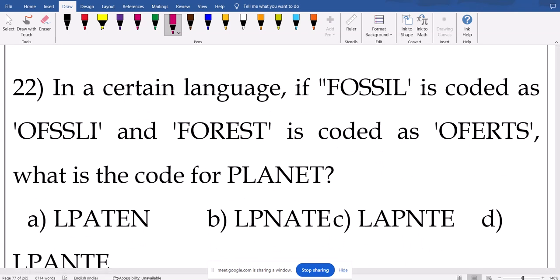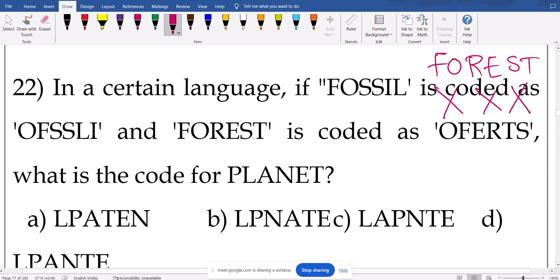Two letters swapping, right? In forest we can observe: the first two letters swapped, we got OF. RE swapped, we got ER. ST swapped, we got TS. Right.